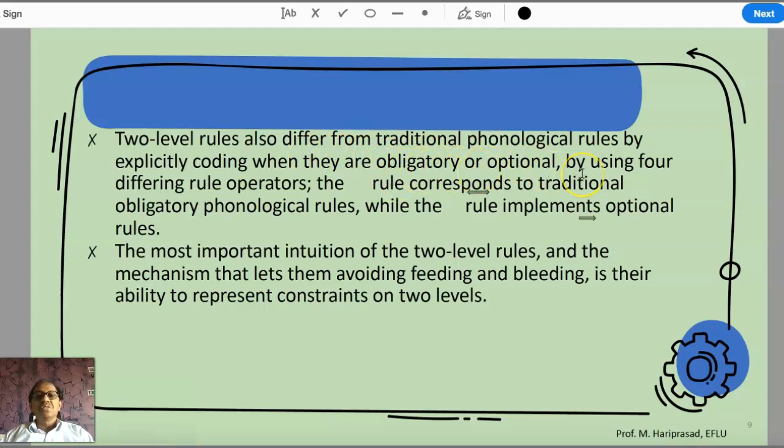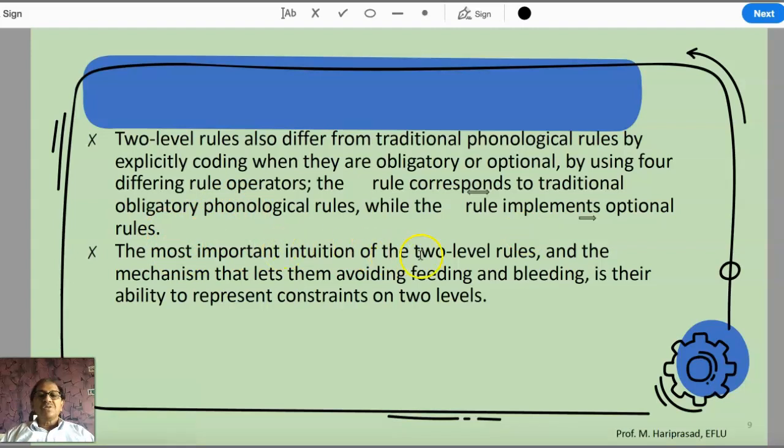So we use 4 different operators. For example, we use a double arrow, which has to come here. The double-headed arrow rule corresponds to traditional obligatory phonological rules, while the single-headed arrow like this implements optional rules, right?